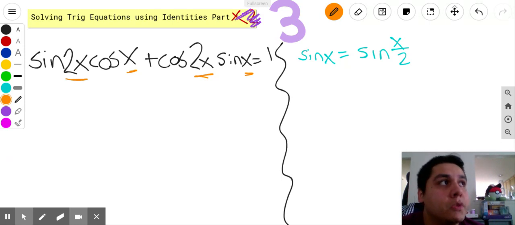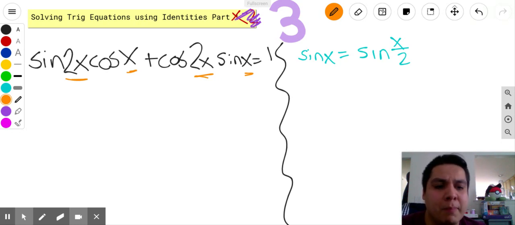Now, you guys could use double angle identities here, but you're going to have to do a lot of work to simplify it. So rather than going down that road, I can just look at my sum and difference identities and notice that this is a sine of x plus y kind of looking thing.